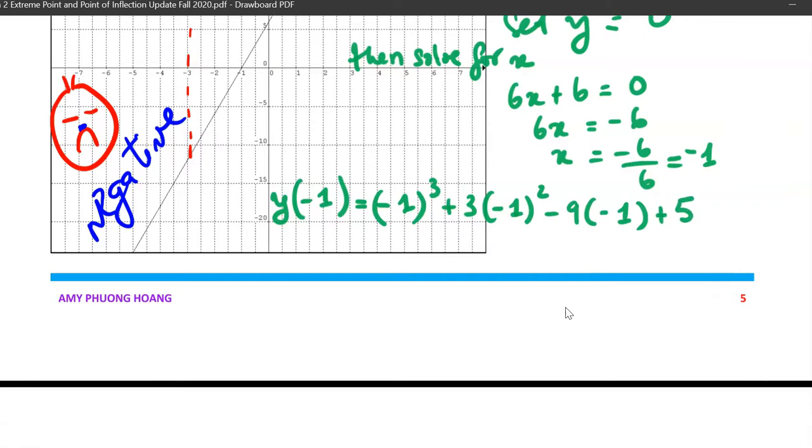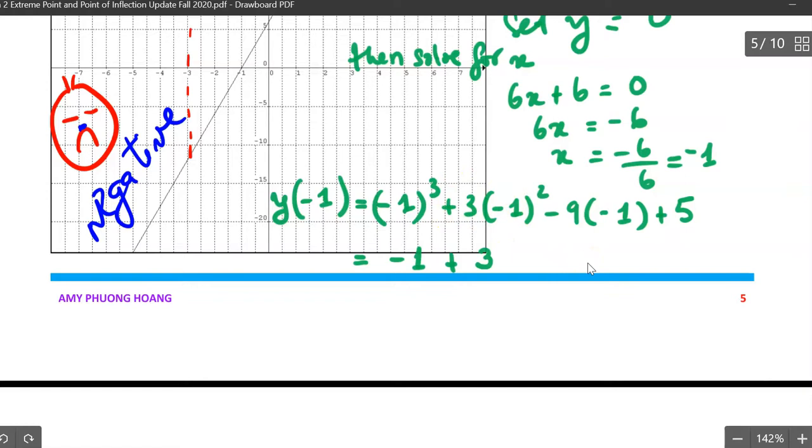Working with this, I should have negative 1, negative 3, or positive 3, because don't forget you take negative 1 and raise it to the exponent 2, so you have a positive 1 here, you multiply by 3, which is positive 3.